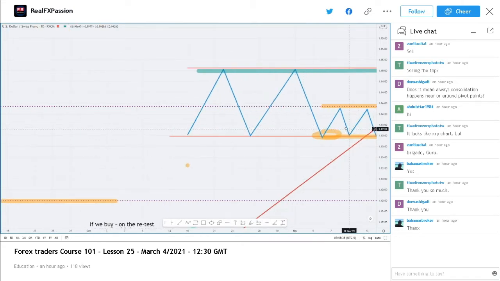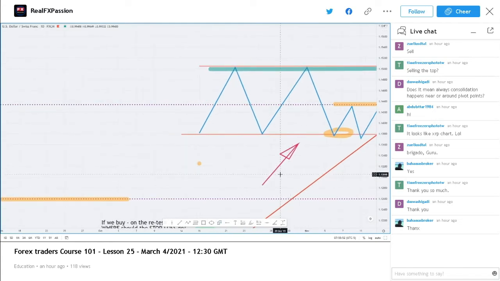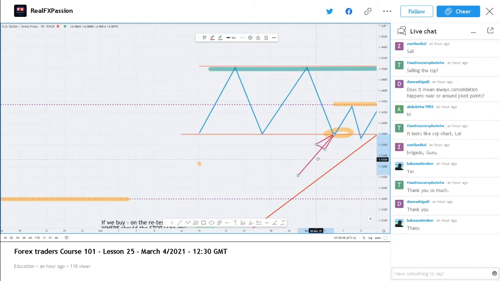What does the beginner trader do in here? Which is normal, we've all been there. So I bought the market in here, everything is cool.